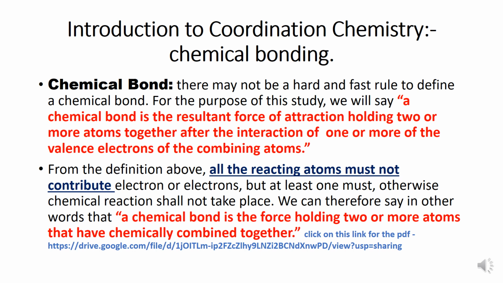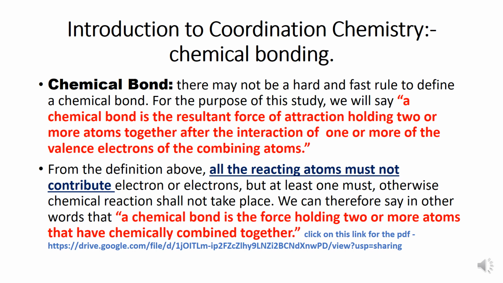Coordination chemistry is marked by the type of bond that the compounds that fall within coordination chemistry form. We start by looking at what a chemical bond is.